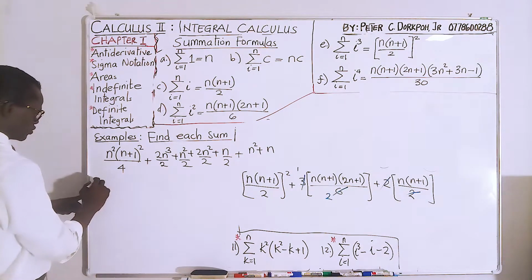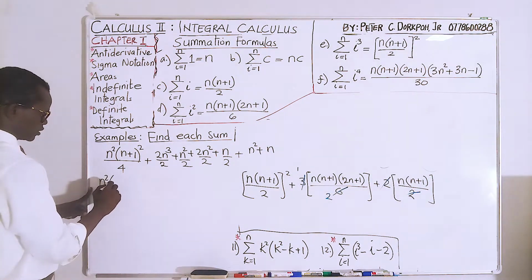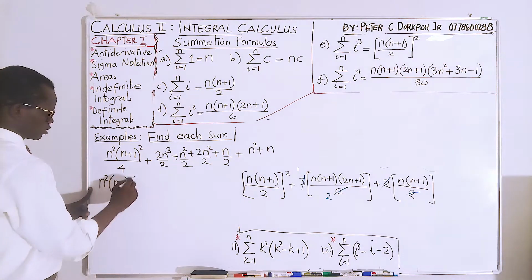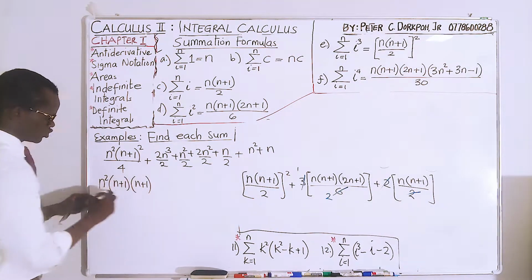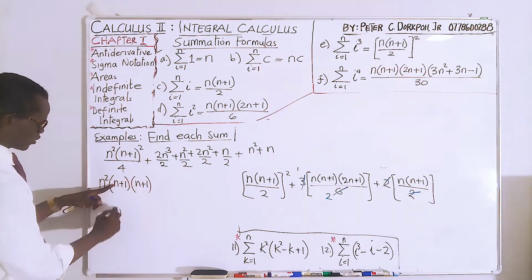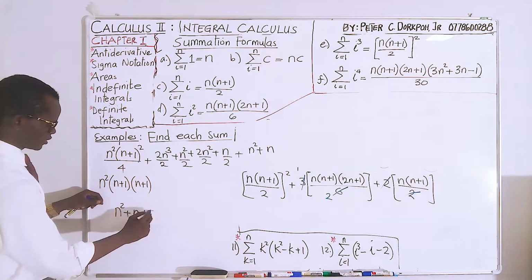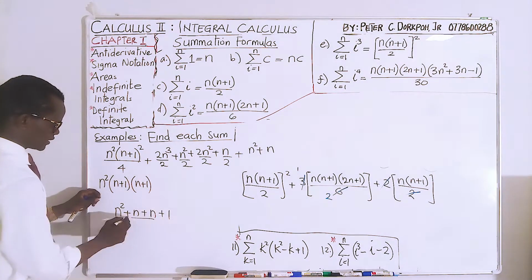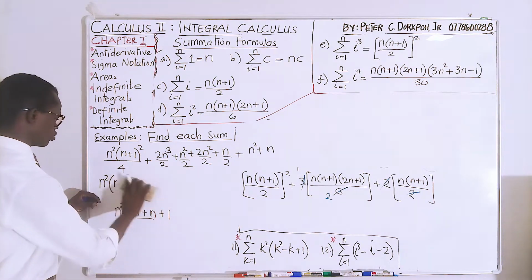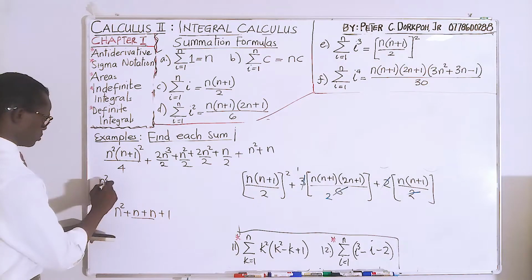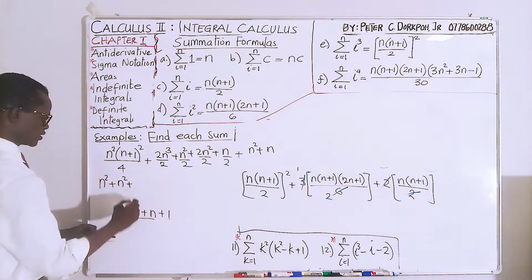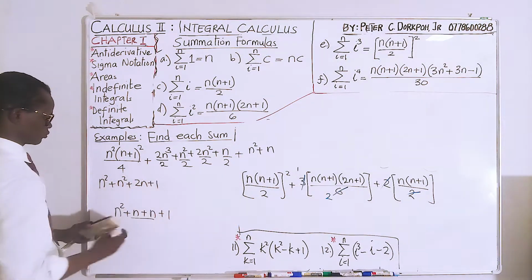We expand this one, you have n squared now times (n plus 1)(n plus 1). So let's do that quickly. n times n is n squared, n times 1 is now n. 1 times n is n, 1 times 1 is 1. So this whole thing now will be n squared plus 2n plus 1.